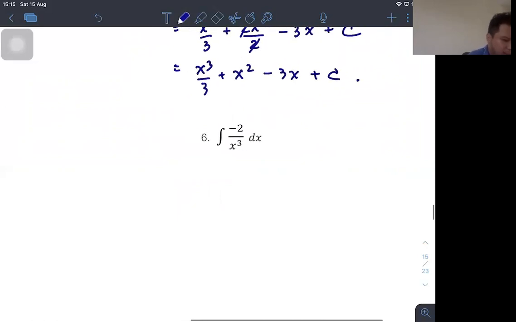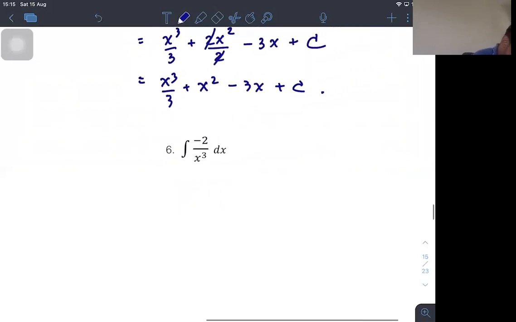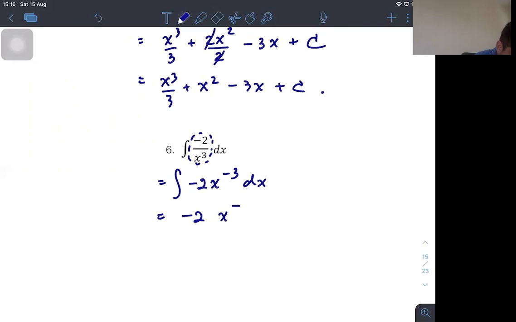Then if I come up with something like this, I can rewrite the integrand as -2 times x to the -3. It's easier this way to do the integration. So the -2, I bring it outside, and then for -3, we add 1 to the power, so this needs to be divided by -2.